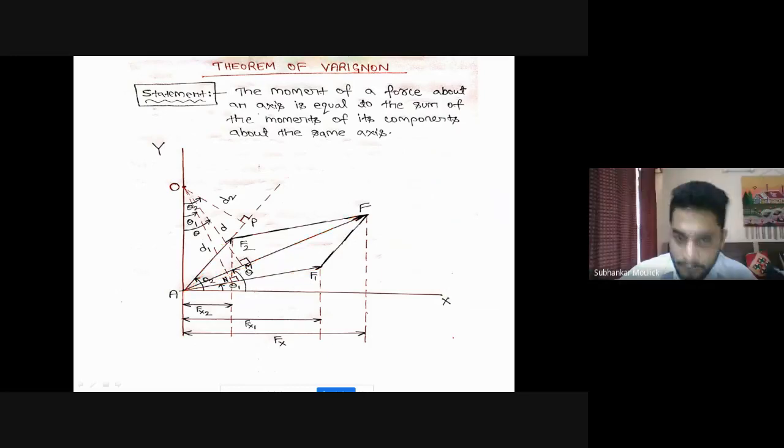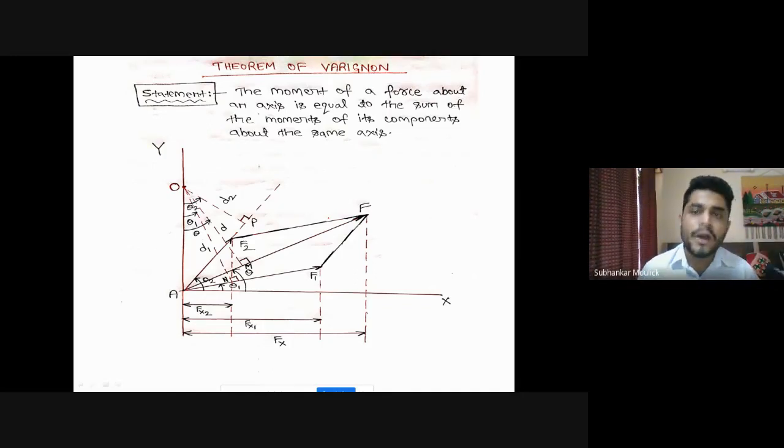Yes, sir. Okay. Now let us assume that this resultant force F has two components, one along the x-axis and another along the y-axis. If we can prove this statement for one particular component, for the other component it will be proved the same way.